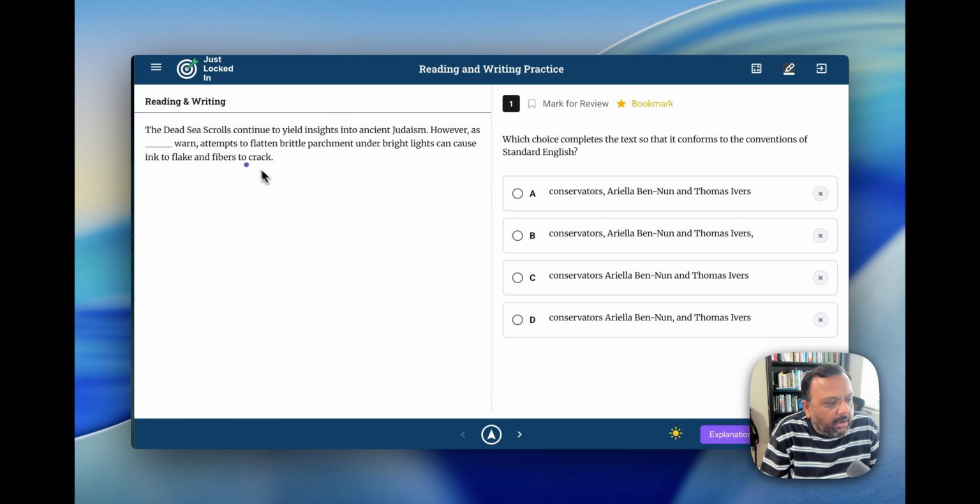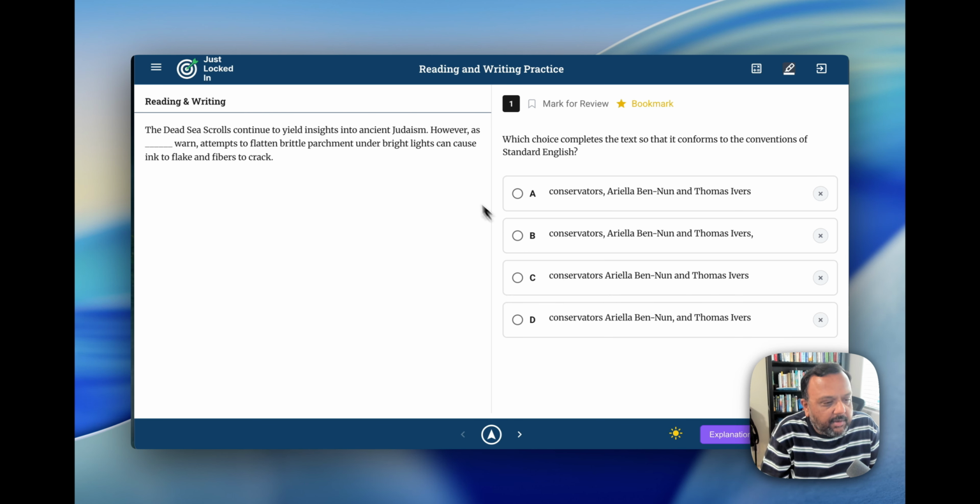It's just saying "however, as conservators," these two people. There are many conservators, so you need to be specific. Therefore, these names are essential information, and you cannot have commas here.